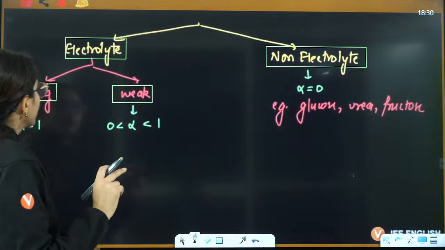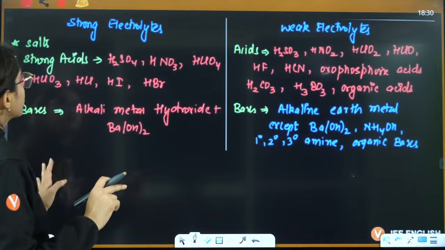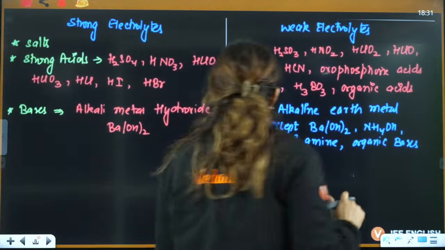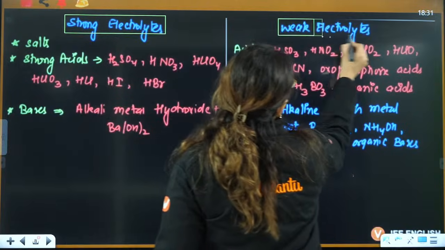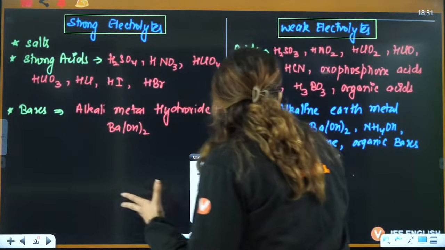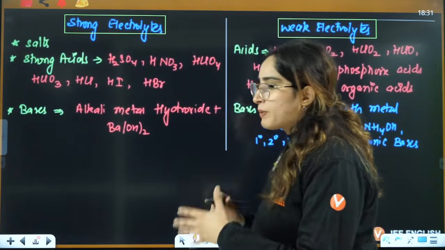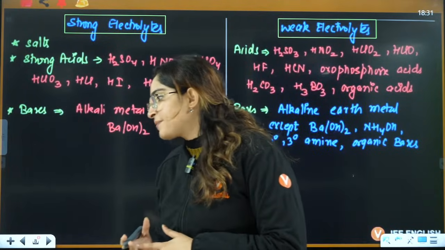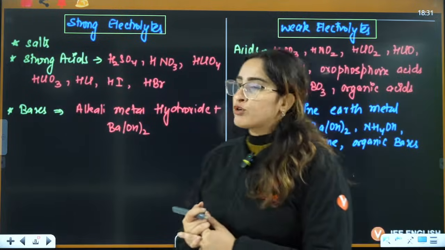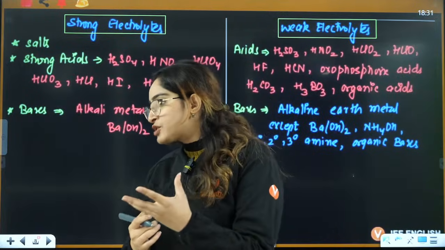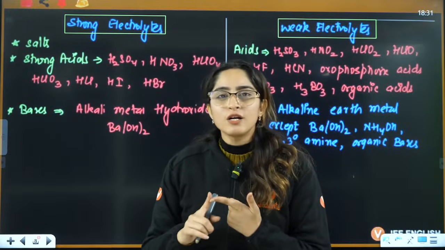Now based on strong electrolytes and weak electrolytes, let's understand which are strong and which are weak, because if you understand this, you'll be able to apply which formula where. Strong electrolytes are all the salts.